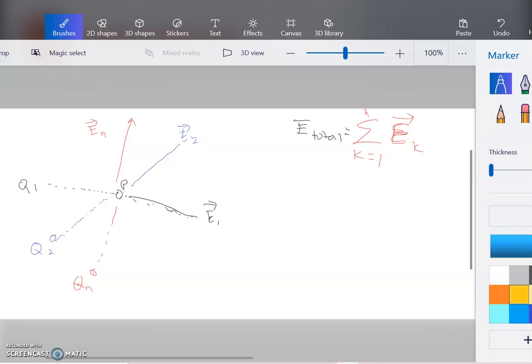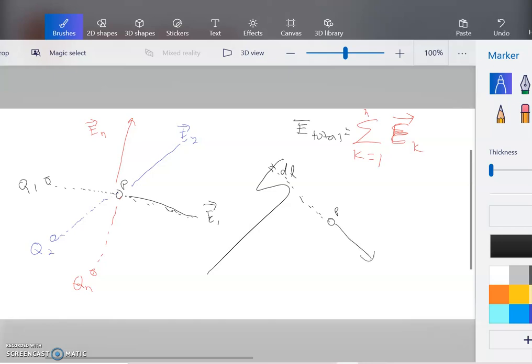How about if it's continuous? If it's continuous, then it will not be a summation but a continuous summation. For example, if you have a line charge, and you have a point here, let's say point P, and you have a small sample of rho L here, then it will also exert an electric field intensity.